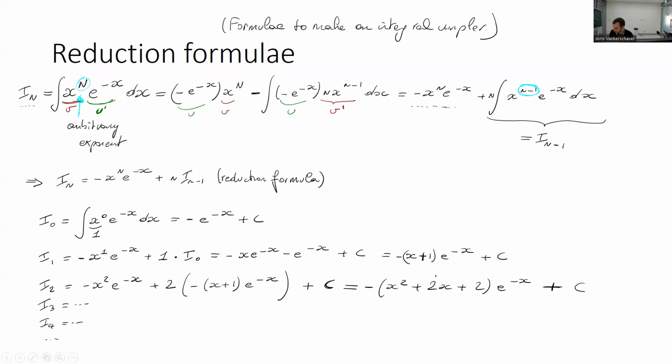If we look at what we've obtained so far, there's no real regularity in there. So we're probably not going to find a closed form formula that we could then prove. But what we can do is, for instance, if we have to calculate I_4, we can use the formula 4 times to find I_4.